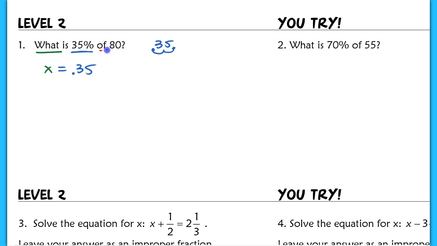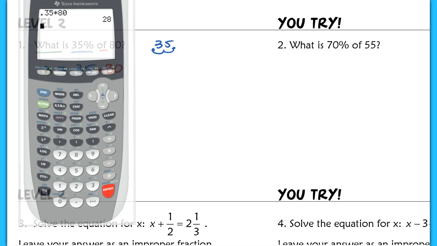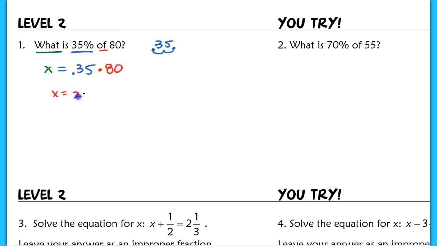The word of means to multiply, and then the number 80. So in my calculator, I'm going to type in 0.35 multiplied by 80, and I get 28. So x is 28. In other words, 28 is 35% of 80.